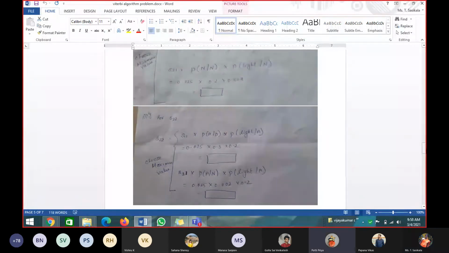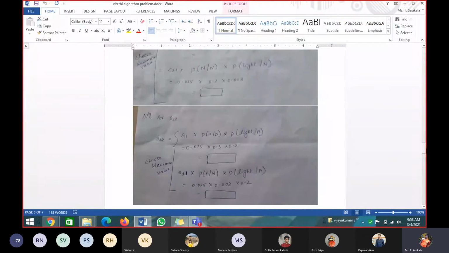For S22 in the combination of S11, can anyone tell me what is the value you are getting? 4.5 into 10 power minus 3. Everyone is getting the same one? Yes, ma'am. For S22 in terms of S21, what is the value you are getting?